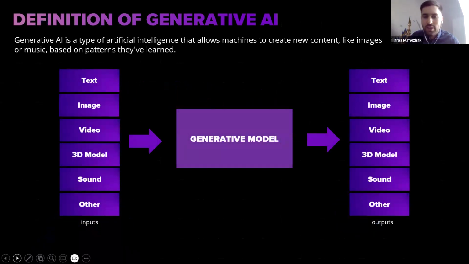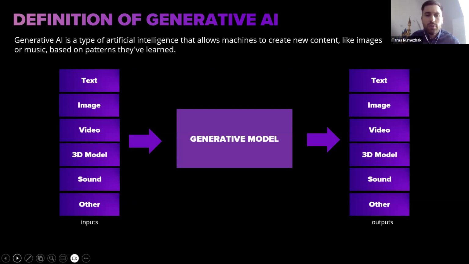Definition of generative AI. So we had some of your responses, and they were correct, because we can consider a generative model as a model that can generate some stuff, not necessarily textual data. But let's have a clear definition of generative AI. It's a type of AI that allows machines to create new content based on patterns they've learned.